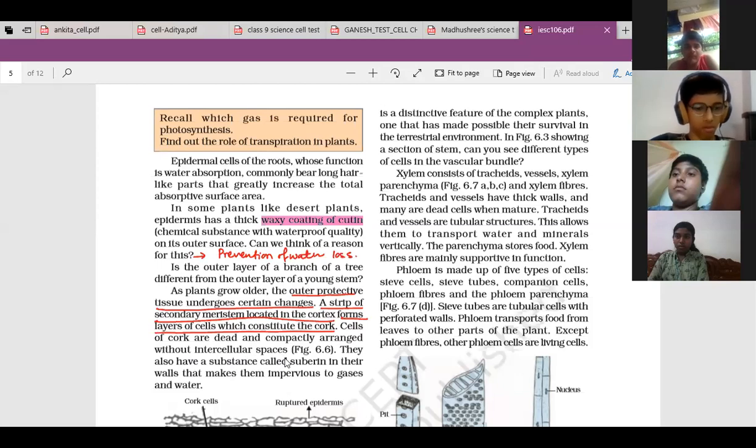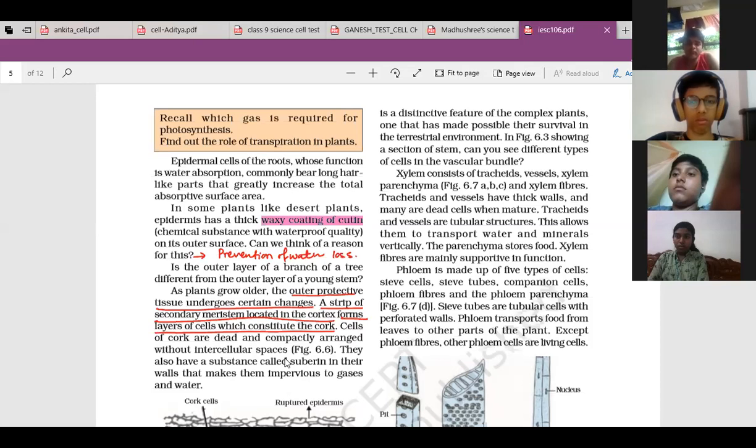They are compactly arranged with no intercellular space, because this tissue's function is protection. The main function of these tissues is protecting the entire plant.